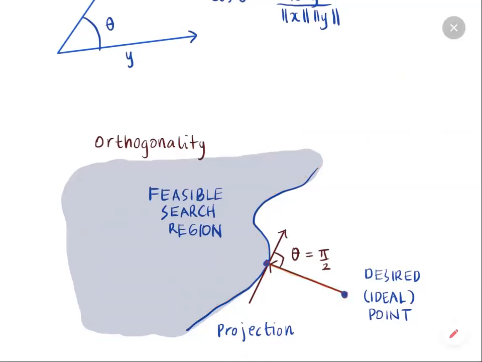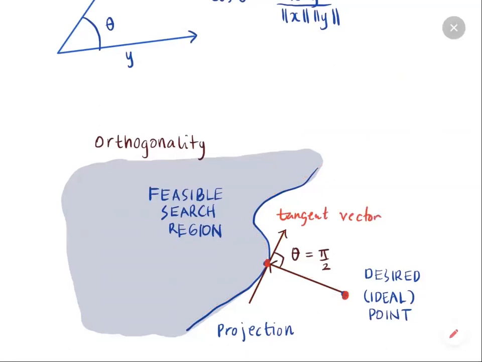ideal point. In this case, one can find that via projection, meaning you take the tangent to that point, assuming that, of course, the tangent exists. Then take the vector from the point on the search region to the ideal point that is orthogonal to the tangent vector.